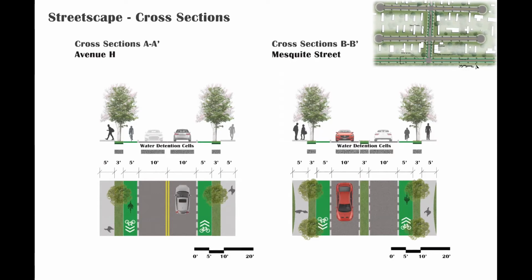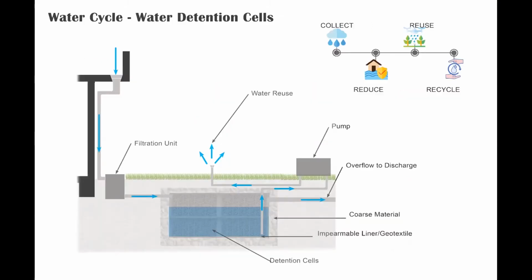In this idea, we are implementing water detention cells. The water detention cells are going to collect the water and keep it there so we can mitigate flooding, and they also incorporate green areas for people. The water cycle for the water detention cells is very important.